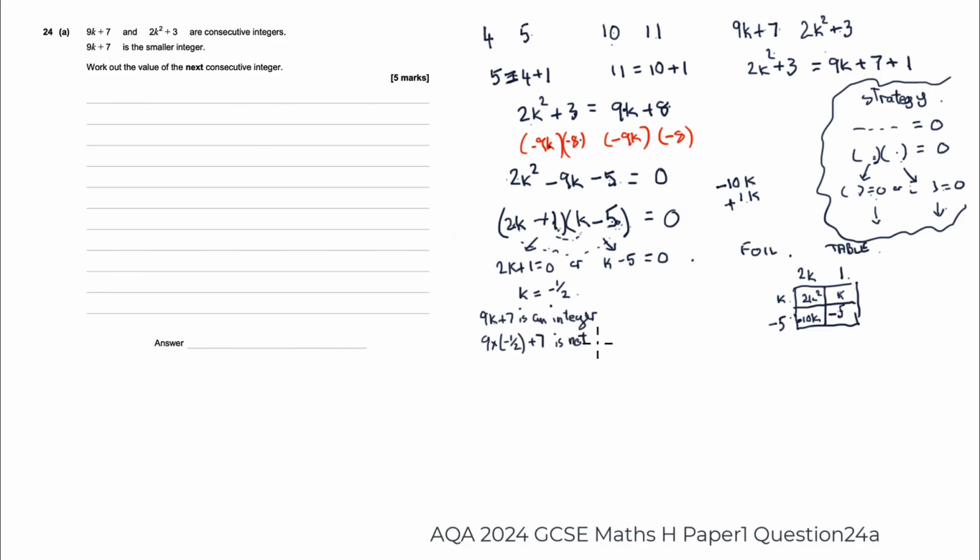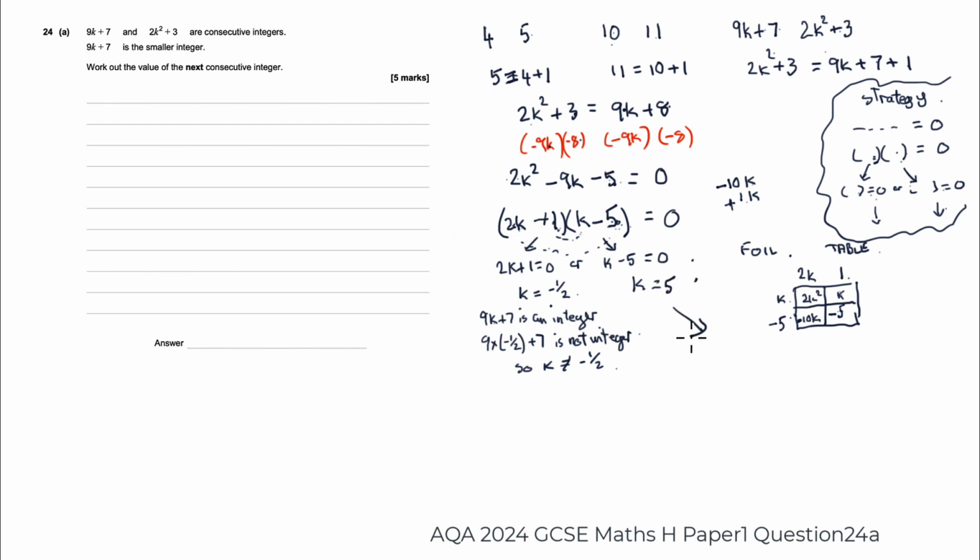You end up getting a fraction in there. So k does not equal negative a half. That's not a valid solution because that would give us not an integer up here. Now if k minus 5 equals 0, then k equals 5.